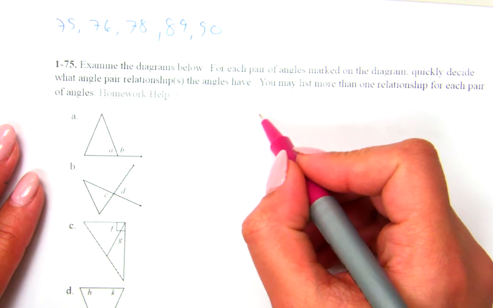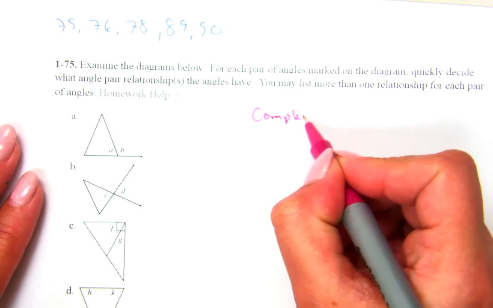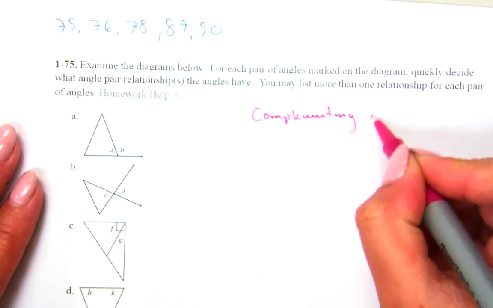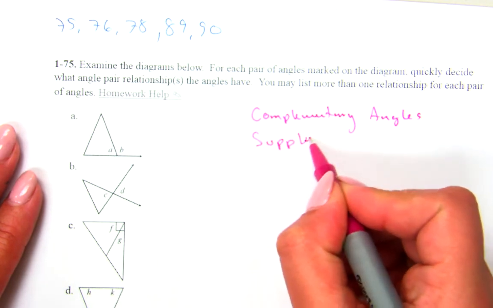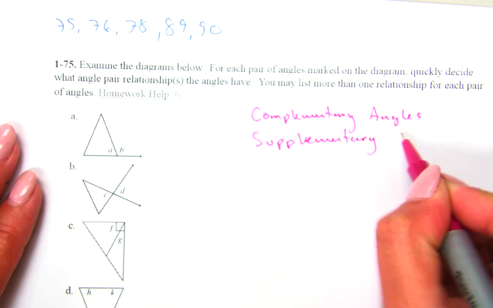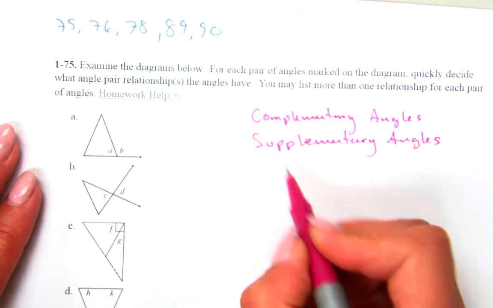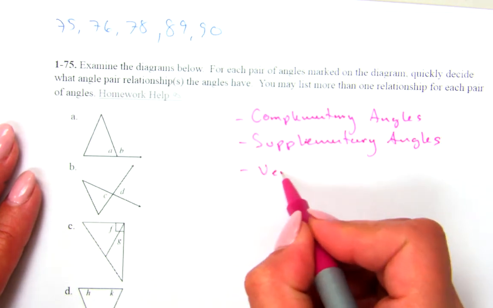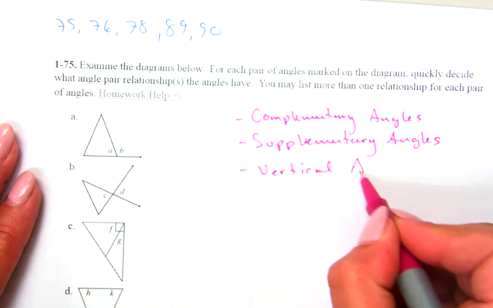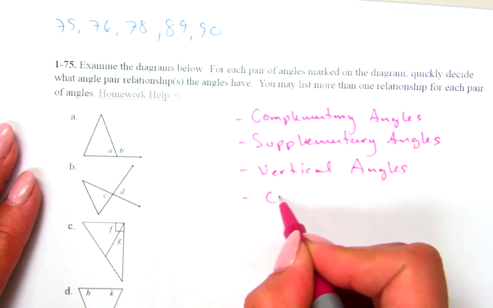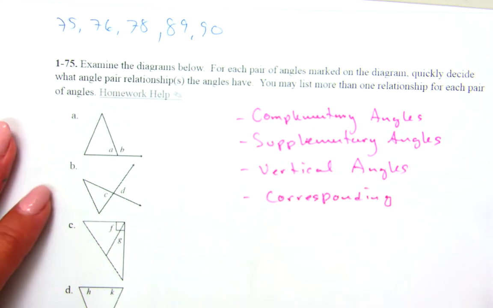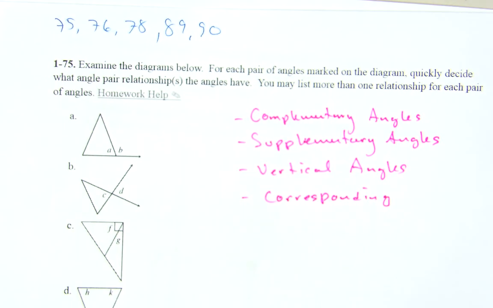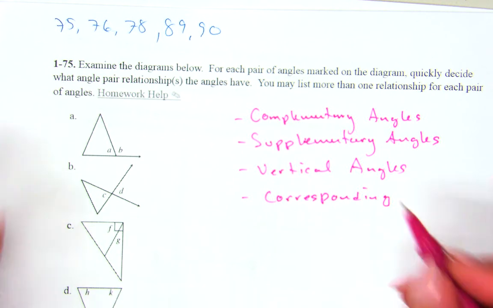You should have had complementary angles, supplementary angles, vertical angles, and corresponding angles. I think those were the only 4 that we've had so far, or as a reminder: complementary, supplementary, vertical, corresponding.